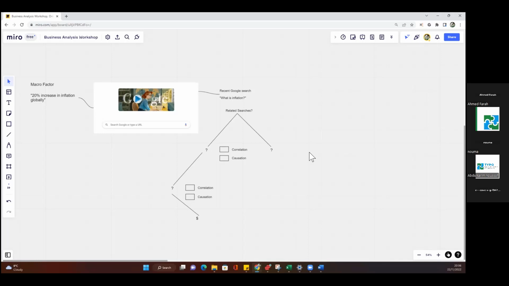I have a question. What could be a related search to what is inflation? Because you're going to ask what is inflation, and then you're going to get a definition. Once you know what inflation is, you're going to want to know some other things.